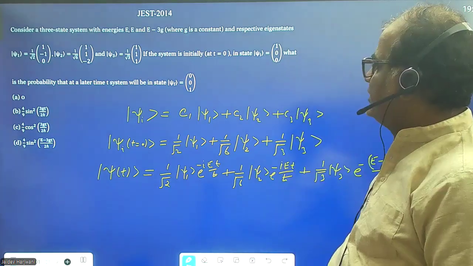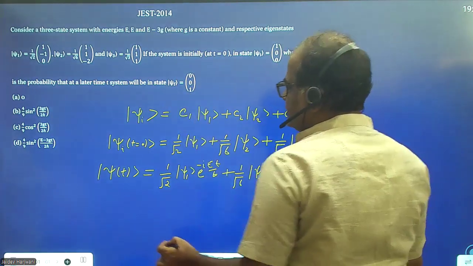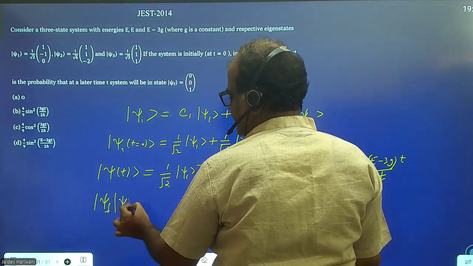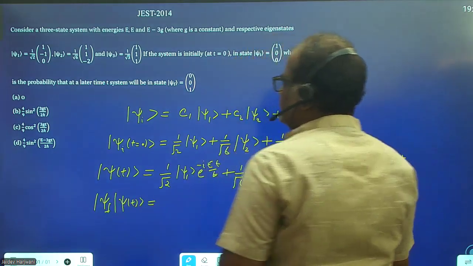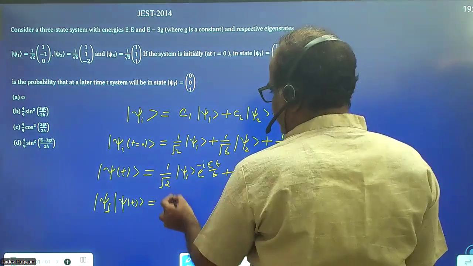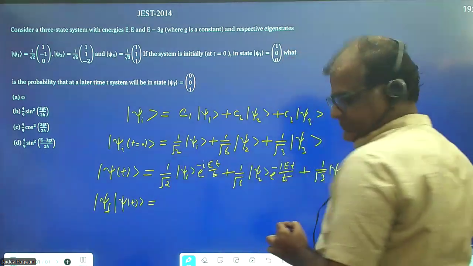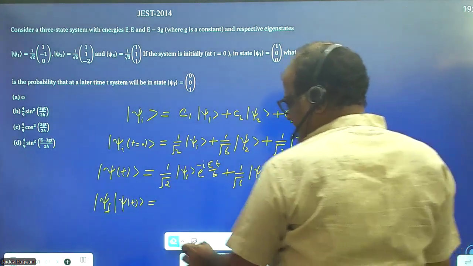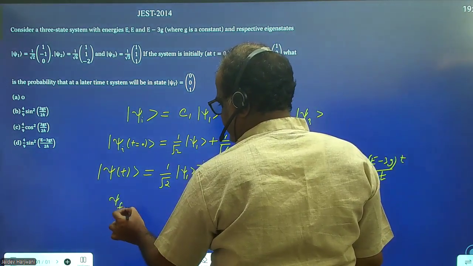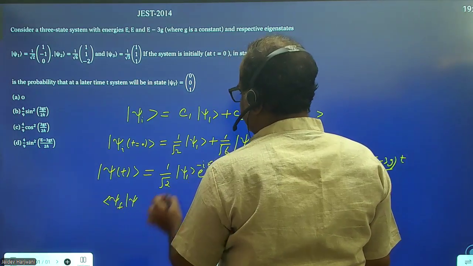Now I want to find the probability of finding the system in this state. So let me first find the amplitude. So now we have to find psi f with psi t. In order to find that, I have to find psi f with psi 1. So let me find first psi f with psi 1.